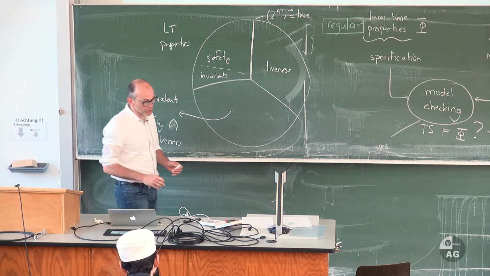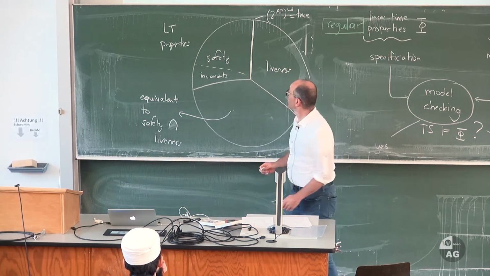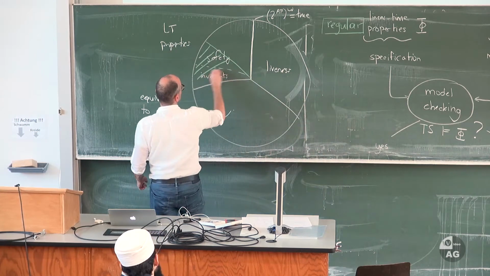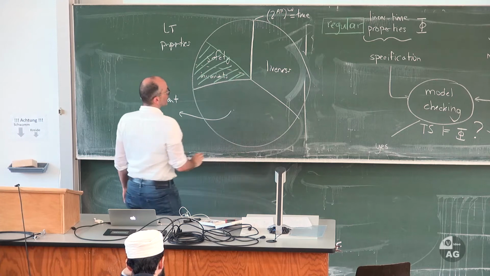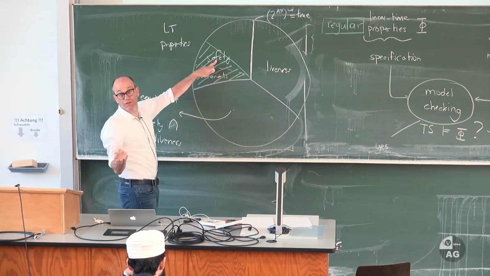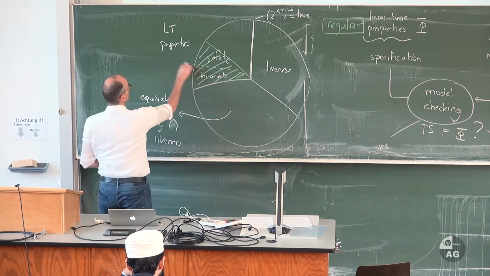What I'm going to talk about today are regular properties. And regular properties are a part of safety properties, and we're going to see that this is the kind of properties we are going to consider. As we're going to see, they include the invariants. They include some of the safety properties, but not all of them. And these are called regular.